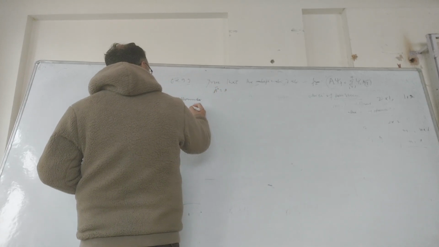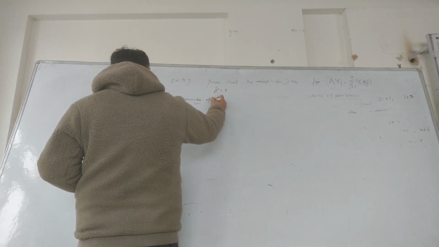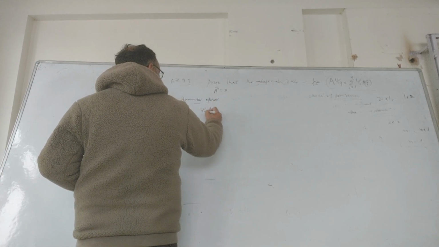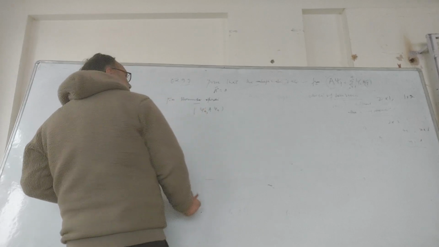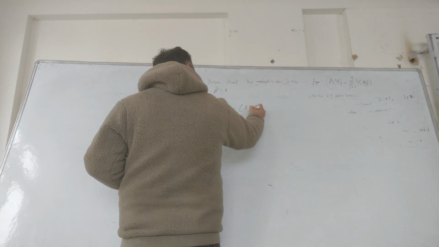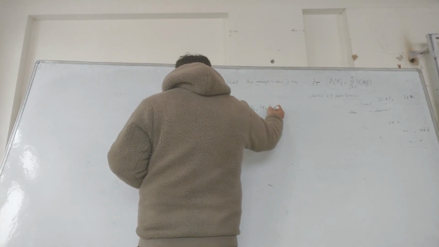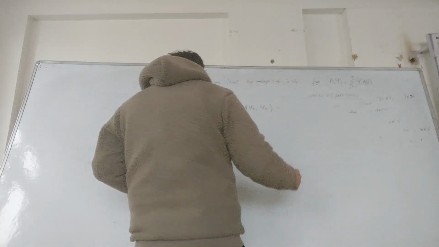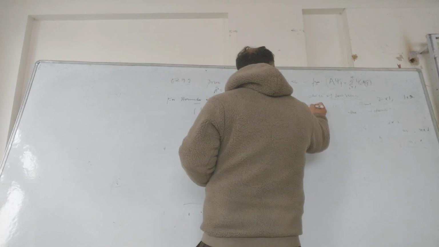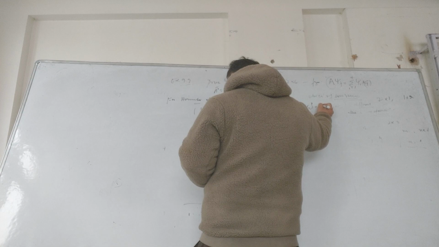For a Hermitian operator, psi of A, A psi of A is equal to A psi of A, psi of A, which is equal to psi of A, A psi of A star, is real.